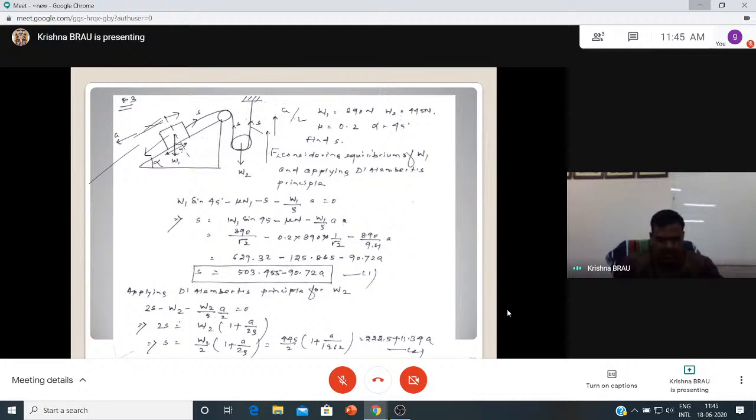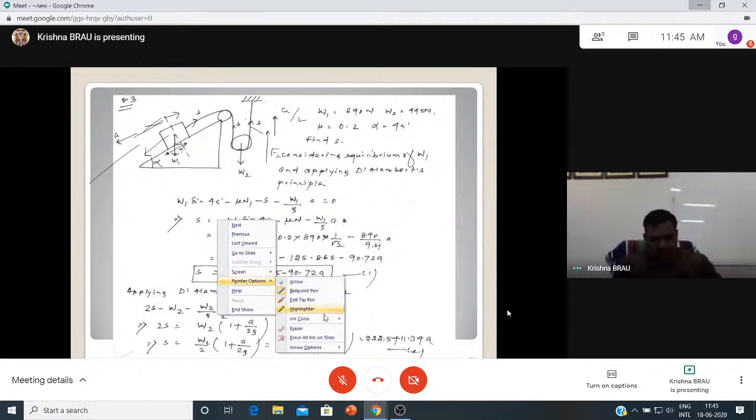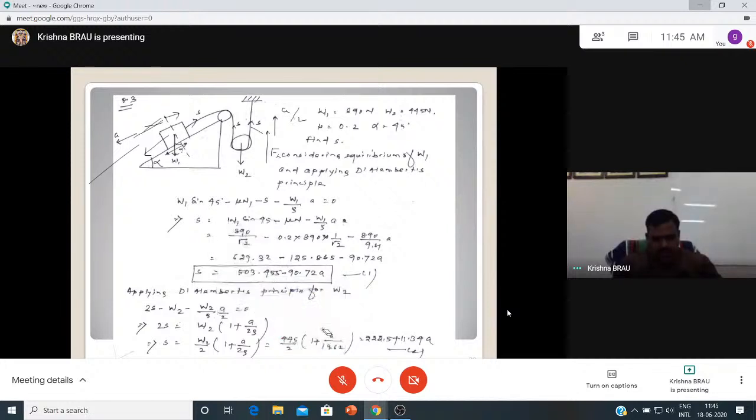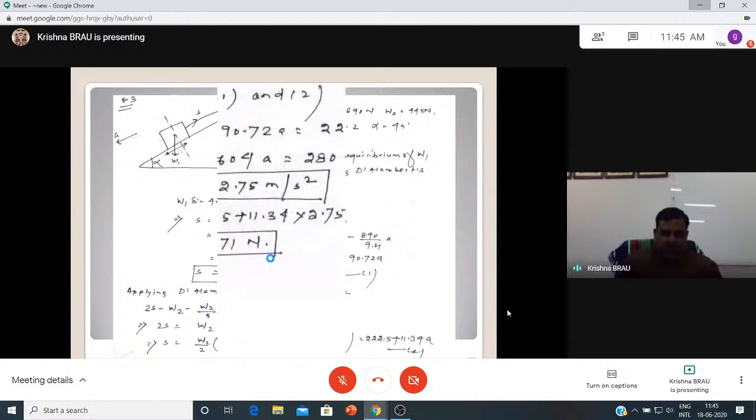This is the equation, and solve the two equations. 2S minus W2, F2 upwards. These are three forces. Depending on upward or downward, you put a positive sign, then solve the problem.